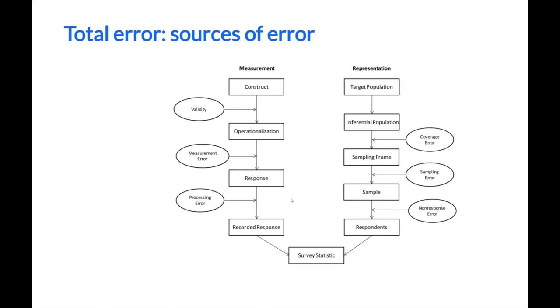But there is a lot of problem with that because there is huge variation across countries about how good the sample is, the clarity about the target population, the possibility to define the population inference, and the sample frames. For example, in Latin America, we have a lot of problems with sample frames.